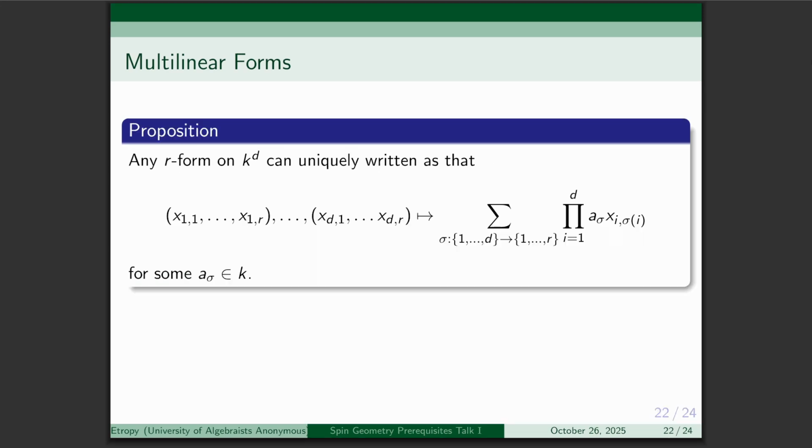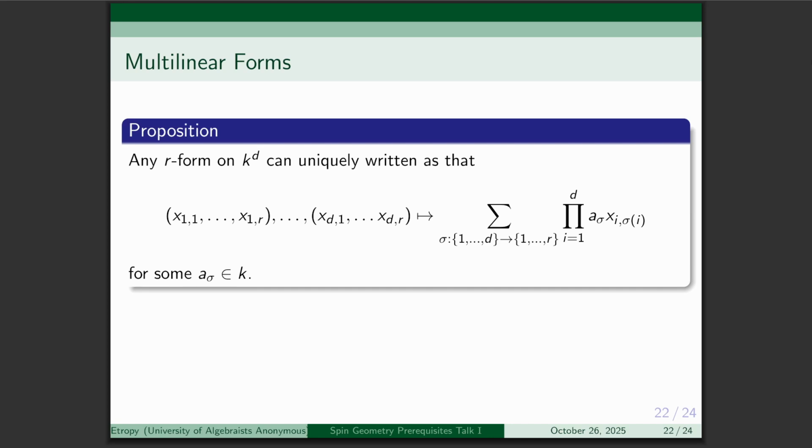And okay, one last thing I would like to talk about is bilinear forms and how they correspond to angles somewhat. For that, first note that any R-form on any finite dimensional vector space can be decomposed into products. Earlier at the very start of the talk, I alluded to how tensor products really are fundamentally about multiplication, and this is sort of what I meant.